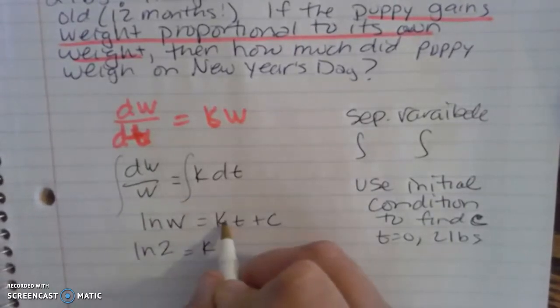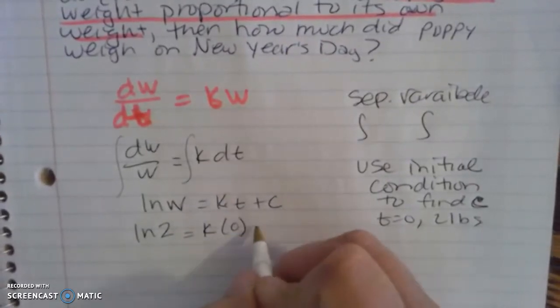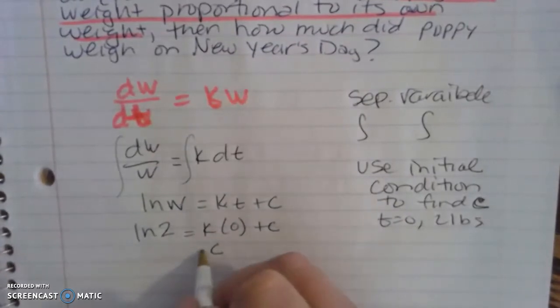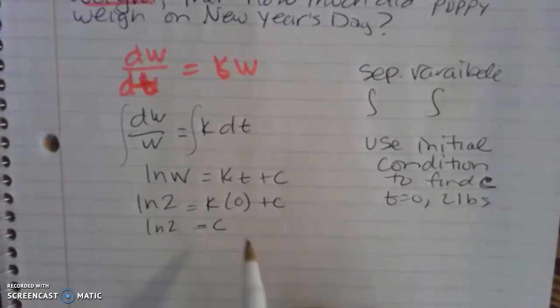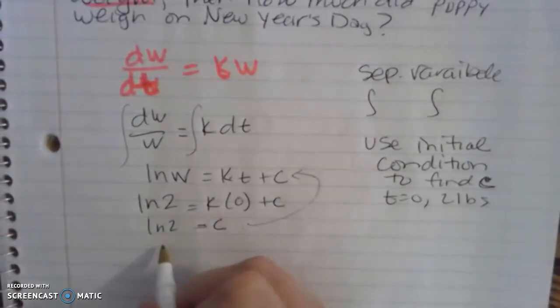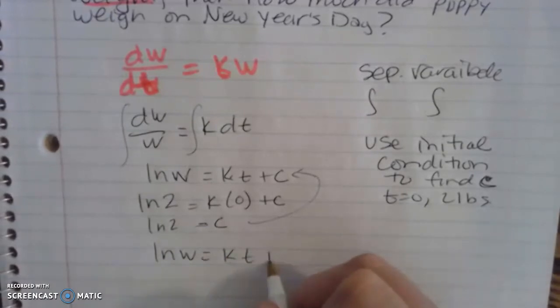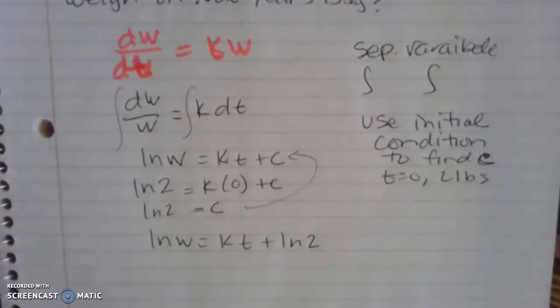I don't know what the scale factor or the proportion was, but I do know that at time 0 he was 2 pounds. So if I plug that in, I get c equals ln 2. Now that's going to set us up so we can fill in right here: ln w equals kt plus ln 2. Now that sets up our equation and gets us closer to figuring that out.